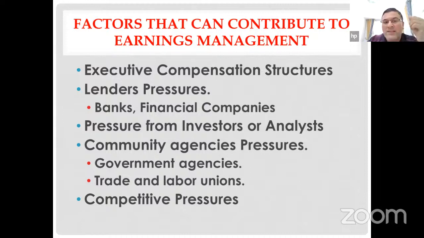Executive compensation structure. Executive compensation structures can create incentives for managers, for CEOs of companies, to practice earnings management. And this has been addressed by positive accounting theory, the first factor. Second one, lenders' pressure, like banks and financial companies. This is mentioned in positive accounting theory as debt covenant.